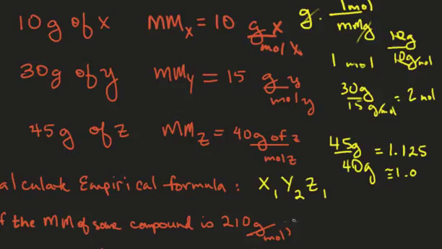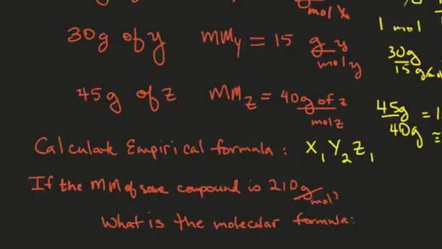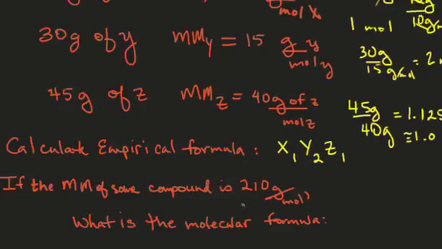So on this one, I gave you the molar mass of some compound that has a molecular formula based on this empirical formula. What that means is that the molecular formula is some multiple of the ratio of 1 to 1. So the way you would do that is you would first get the mass of this empirical formula.